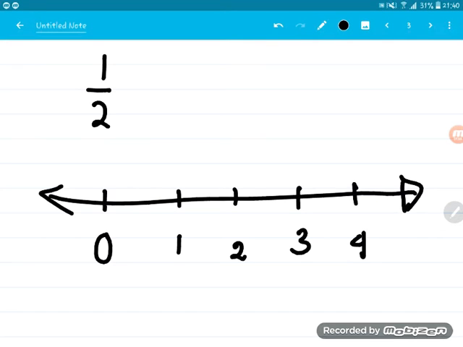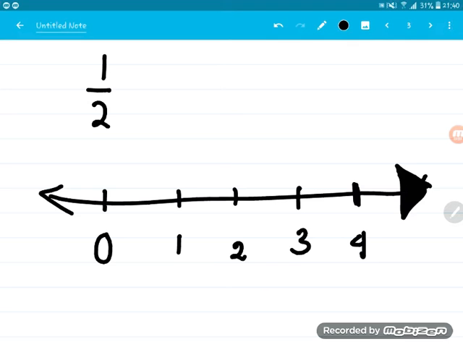This symbol of the number line tells us that the numbers don't end at 4. This symbol shows that the line may extend infinitely in both directions. Okay?